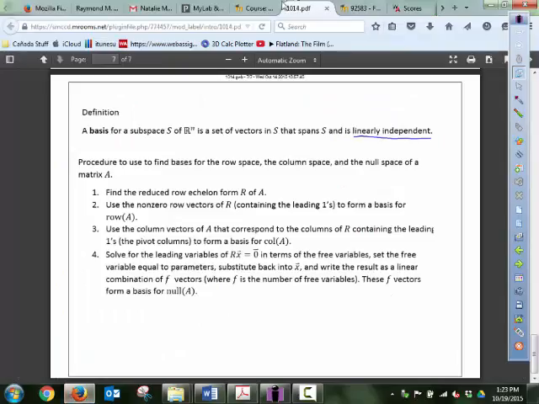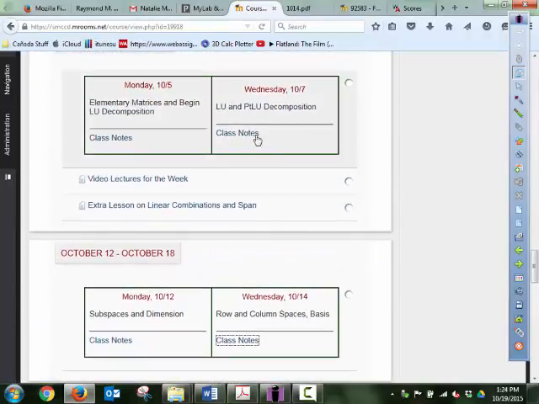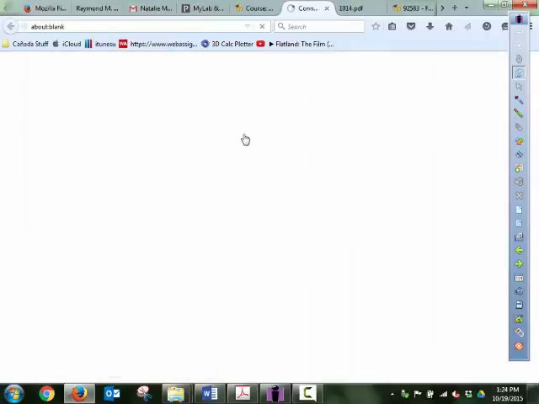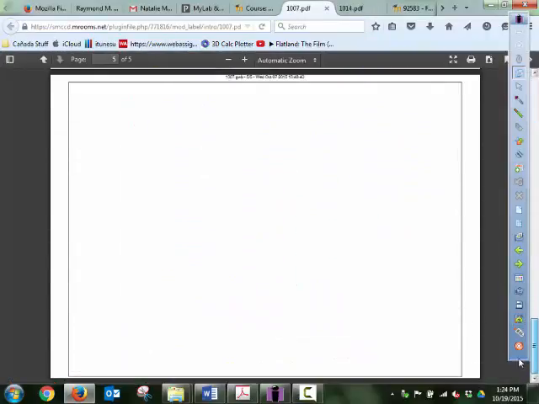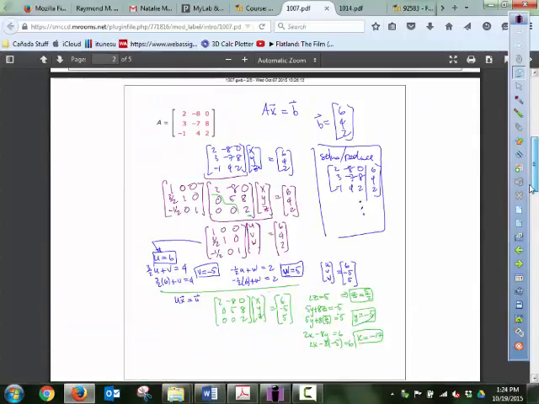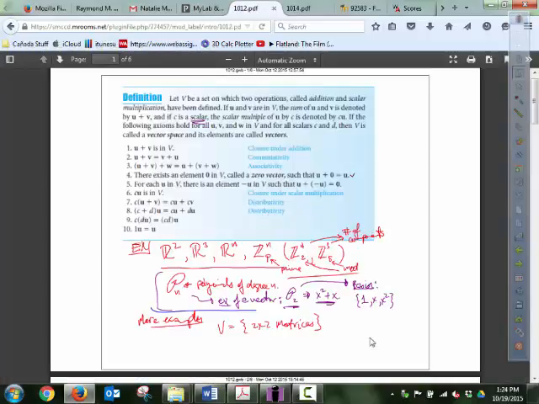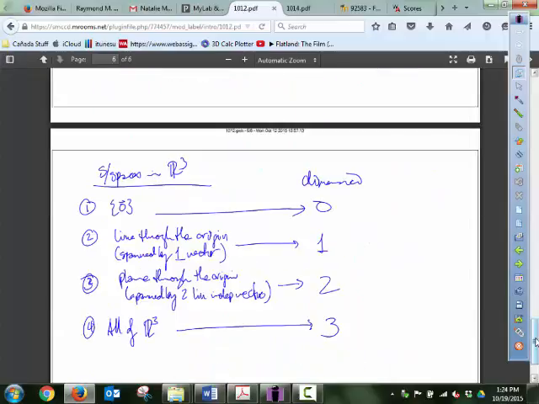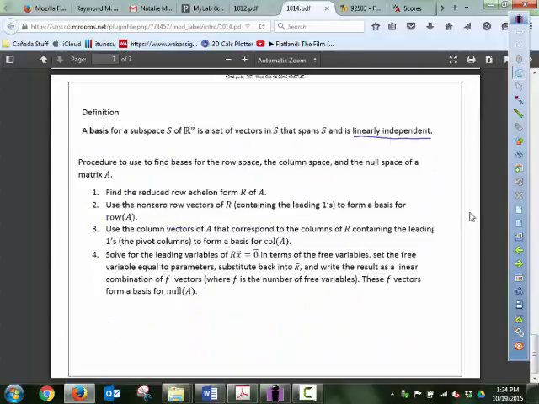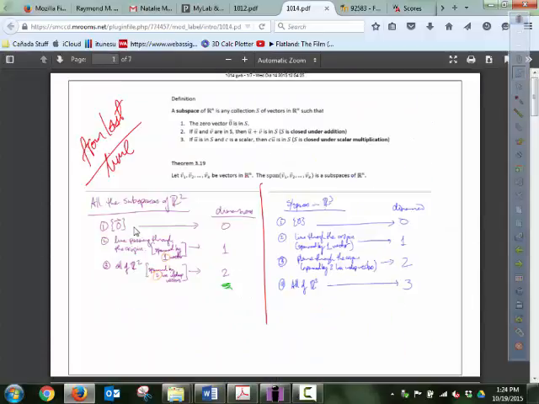I'm going to look back at our old notes. A 0-dimensional space is when you have one point. So this is our summary of the subspaces in R2 and R3.